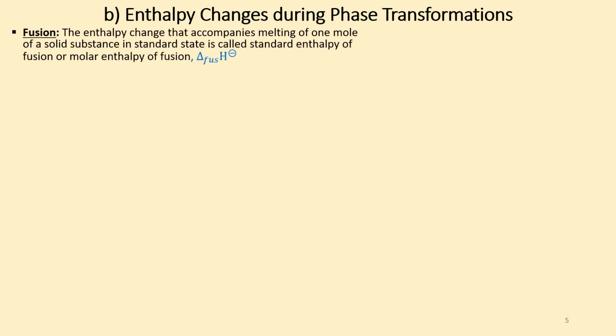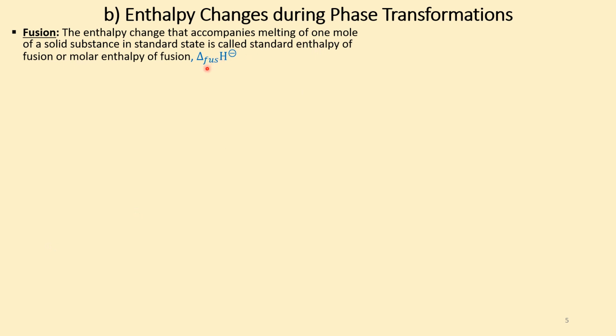Fusion. The enthalpy change that accompanies melting of 1 mole of a solid substance in standard state is called standard enthalpy of fusion or molar enthalpy of fusion. It is represented by the symbol delta fus H encircled dash, which is shown on the screen.